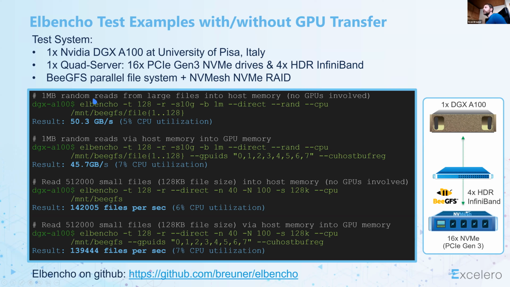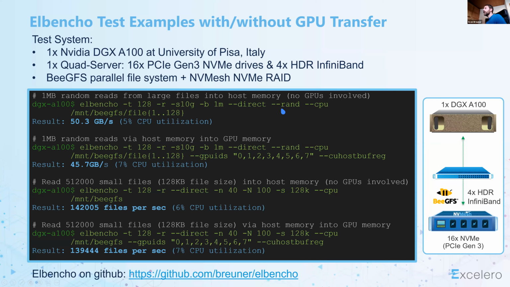Reading in this example 1 megabyte, so that's a rather easy case, you could say, for a storage system, because it's relatively large reads, but to see which kind of streaming throughput we can get. We did some direct reads here, which means we're bypassing the cache to make sure that all the data is really being served from the NVMe drives directly.